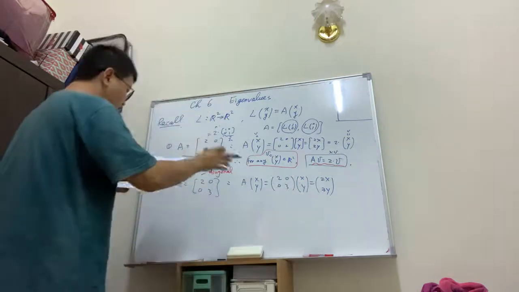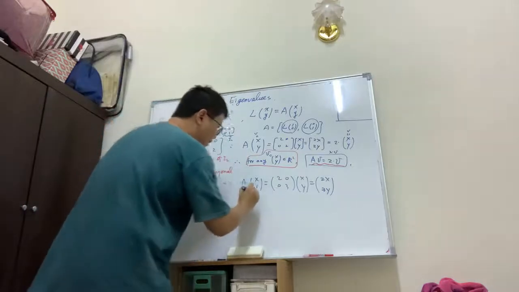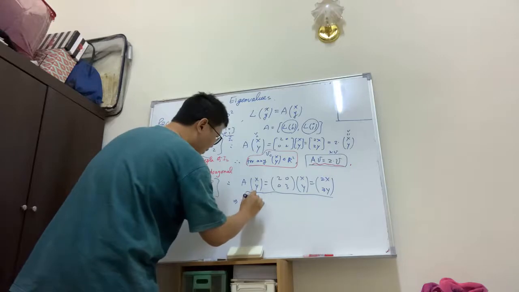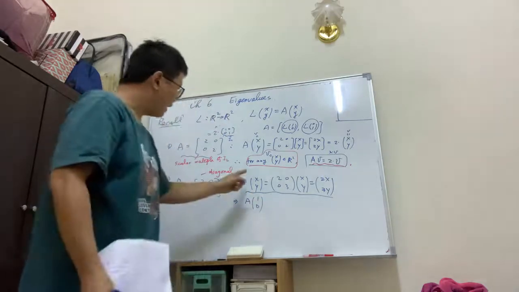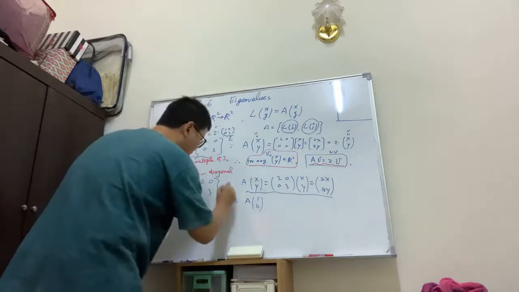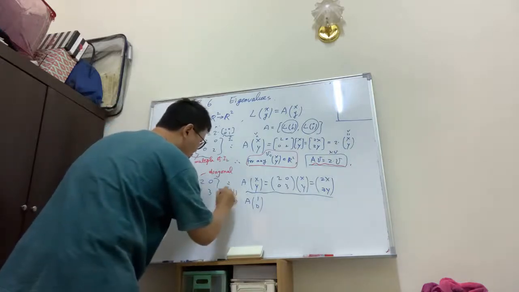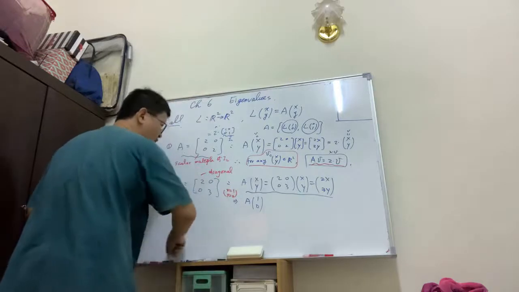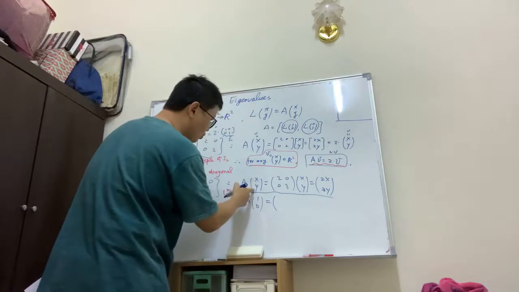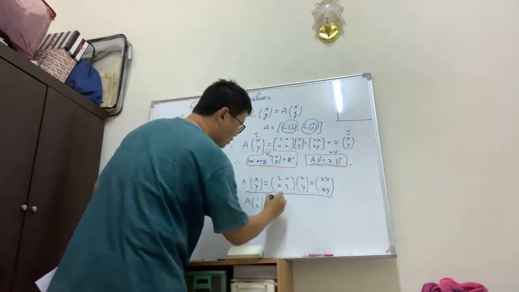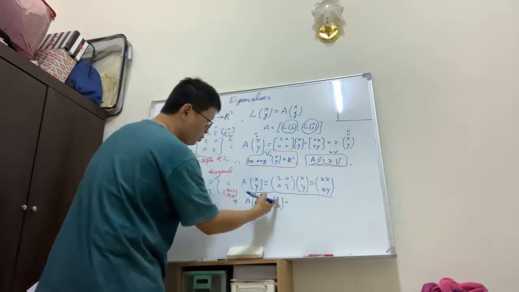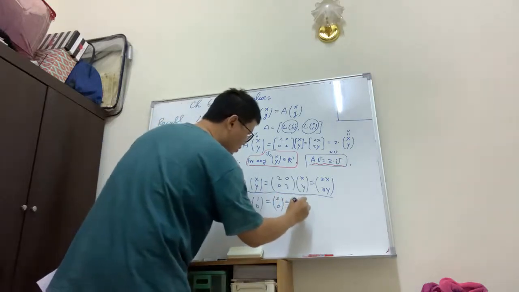But for this, you can also view it another way. Let x be 1 and y be 0. Then we get 2 times 1 and 0, which is 2 times (1, 0).